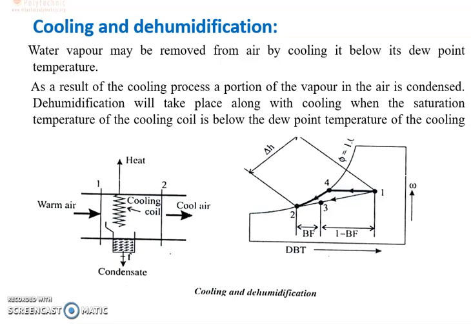In this process, the dry bulb temperature as well as the specific humidity of the air decreases. The final relative humidity of the air is generally higher than that of the entering air, and dehumidification of air is only possible when the effective temperature of the cooling coil is less than the dew point temperature of the air entering the coil.